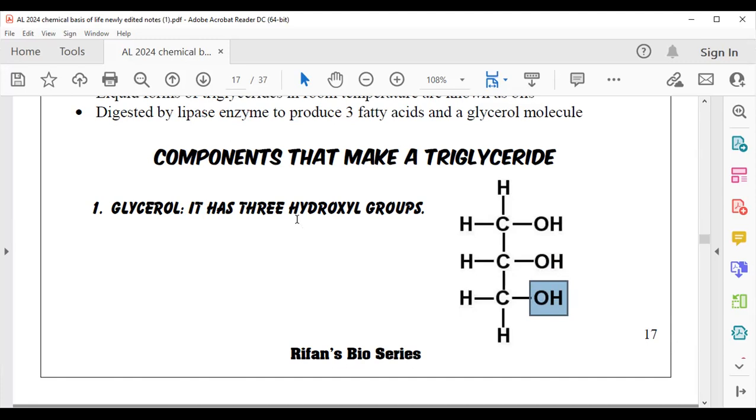How many ester bonds will it form? Three ester bonds. So mark the hydroxyl group. You can commonly label all three together as the hydroxyl group, or put a circle around one OH and say it is the hydroxyl group.